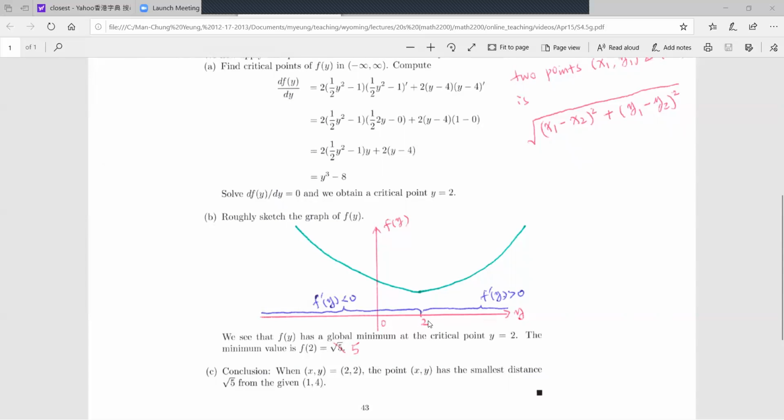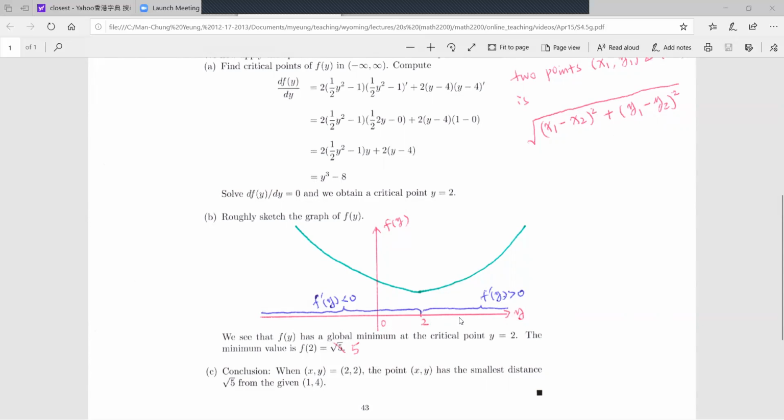Similarly, on the interval 2 to positive infinity, arbitrarily pick a point, plug it into the derivative, then we see that the derivative is positive. That means that on this interval the derivative is everywhere positive.